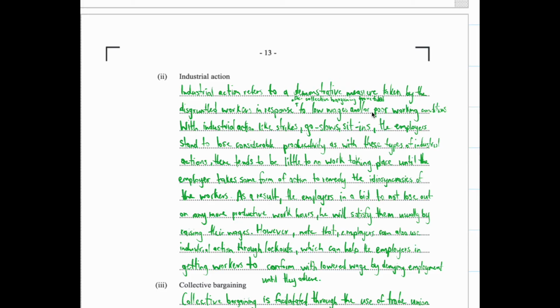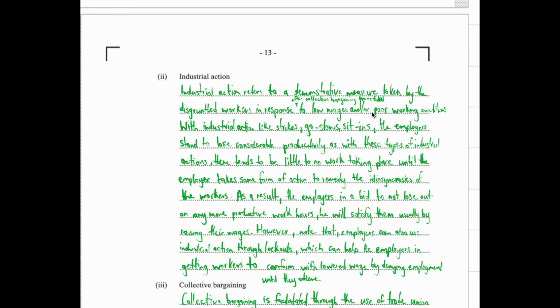But focusing back on wages, as a result the employer, in a bid to not lose any more productive hours, will go to satisfy them, usually by raising their wages.